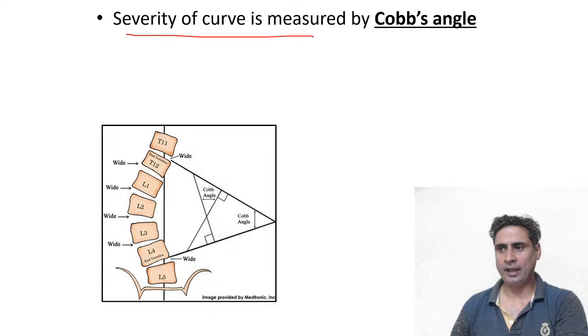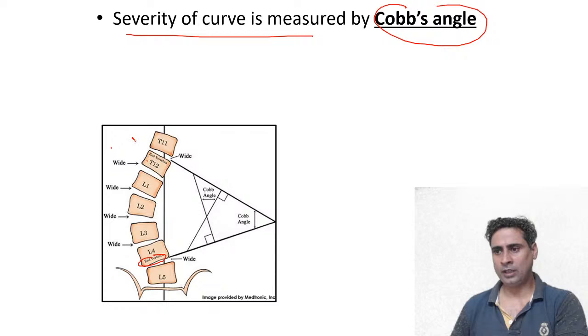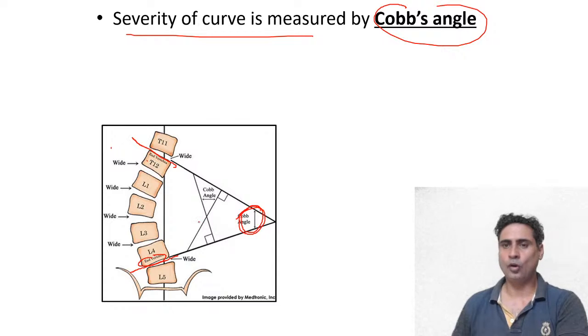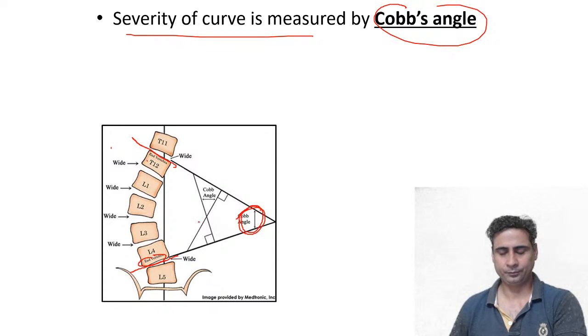Severity of the curve on X-ray is measured by Cobb's angle, where the uppermost vertebra of the curve is known as the upper end vertebra, and the lowermost vertebra in the curve is known as the lower end vertebra. A tangent along the upper border of the upper end vertebra and a tangent along the lower border of the lower end vertebra: the angle between these two is known as Cobb's angle.